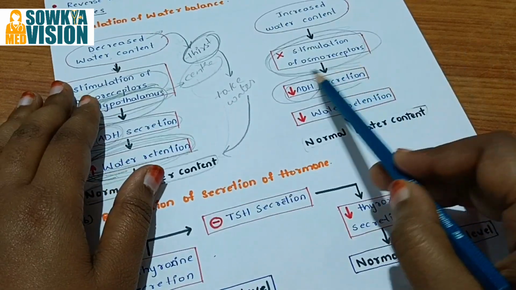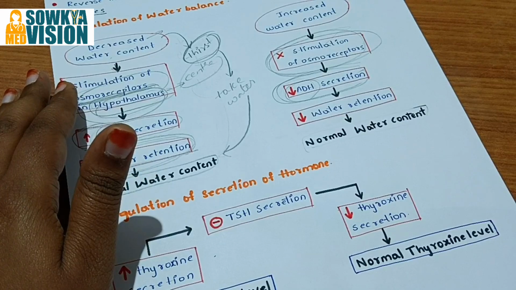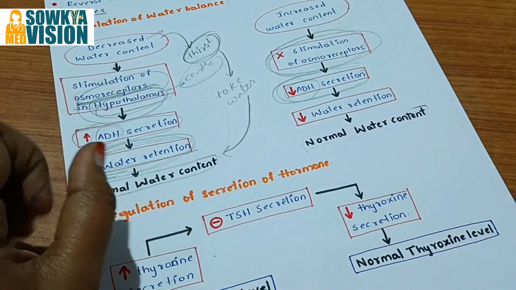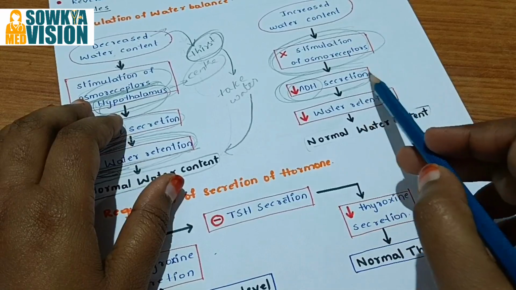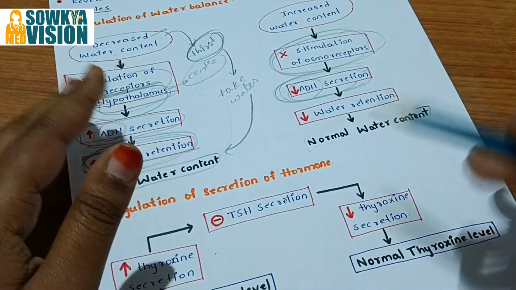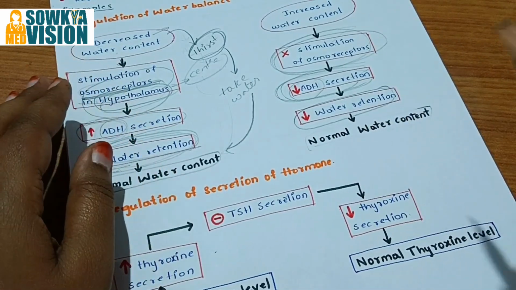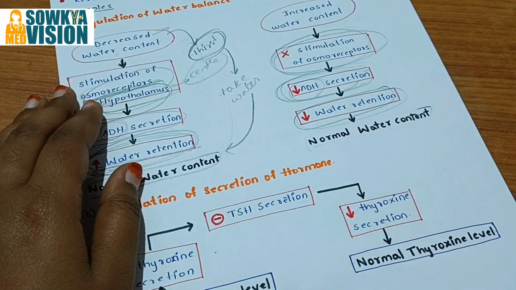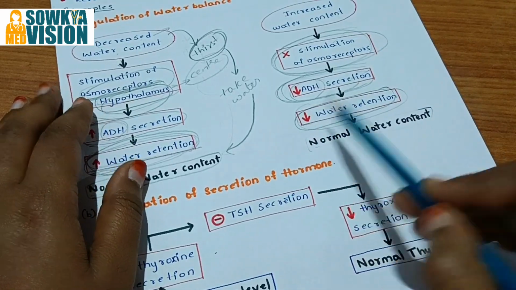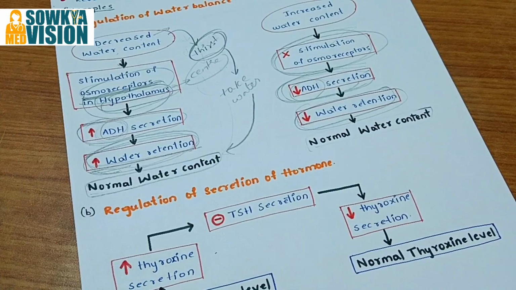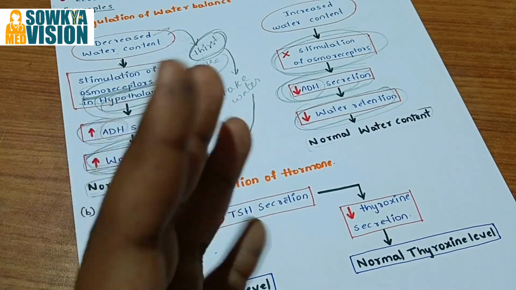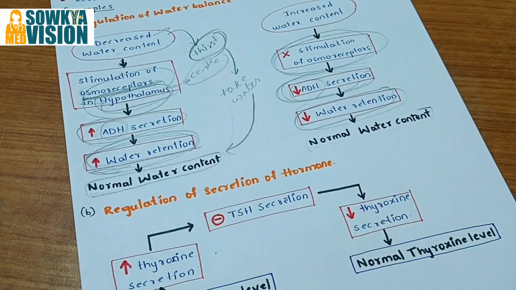Decreased ADH. What is the ADH function? To reabsorb the water. So decreased ADH will decrease the water retention. Decreased water retention means less amount of water in the body, so more water is excreted through the urine.